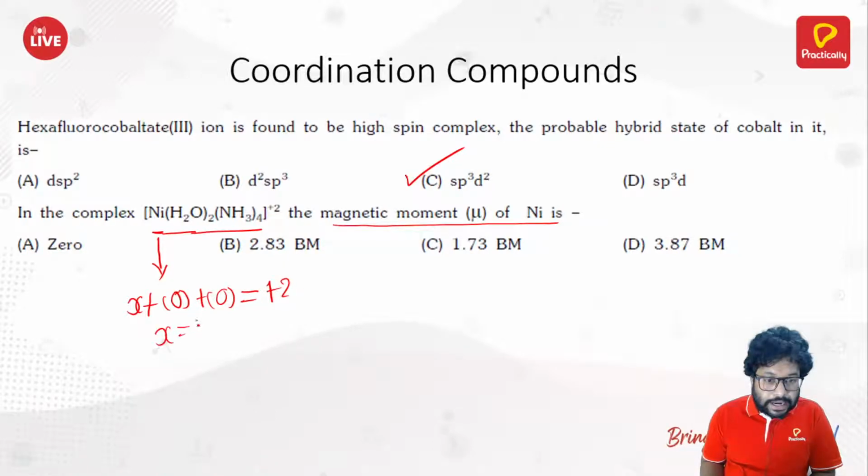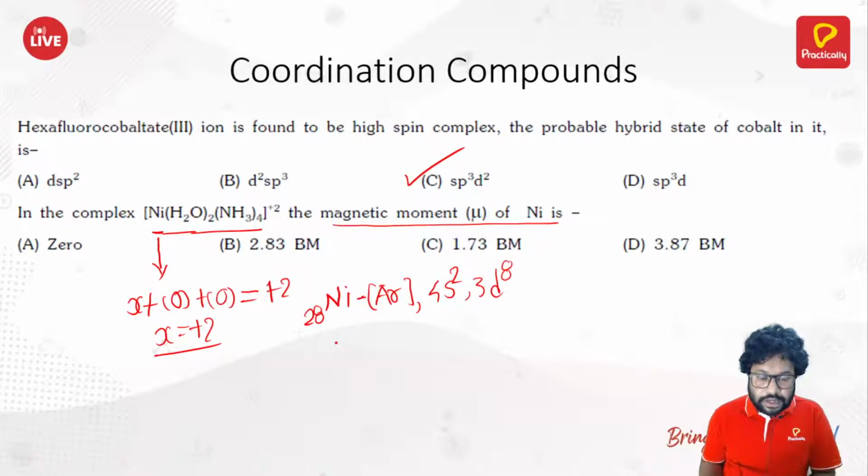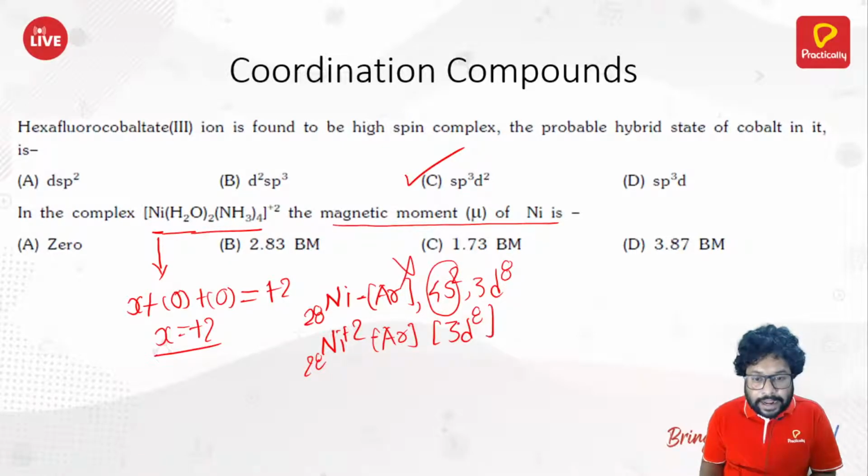Therefore, the charge on nickel is +2. How would you write nickel? Atomic number 28. Argon 4s2 3d8. Then you are writing nickel +2. So for nickel +2, these electrons go.